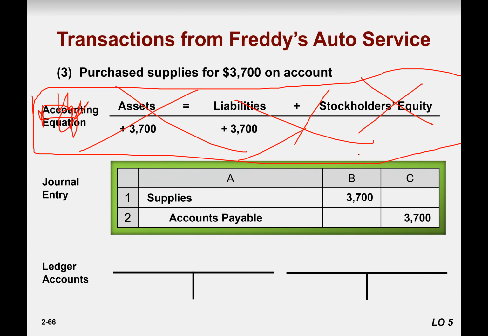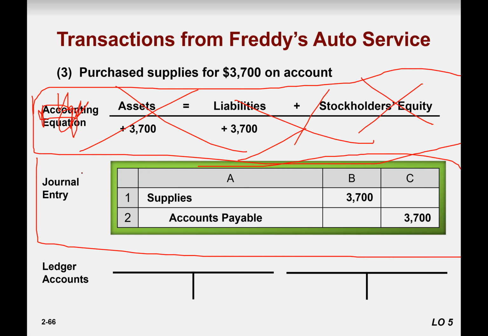So how are we going to pronounce it? Harry, pronounce this transaction, the journal entry, pronounce it. What do you mean pronounce it? How you say the journal entry. You say supplies to accounts payable. Oh, okay. Right?